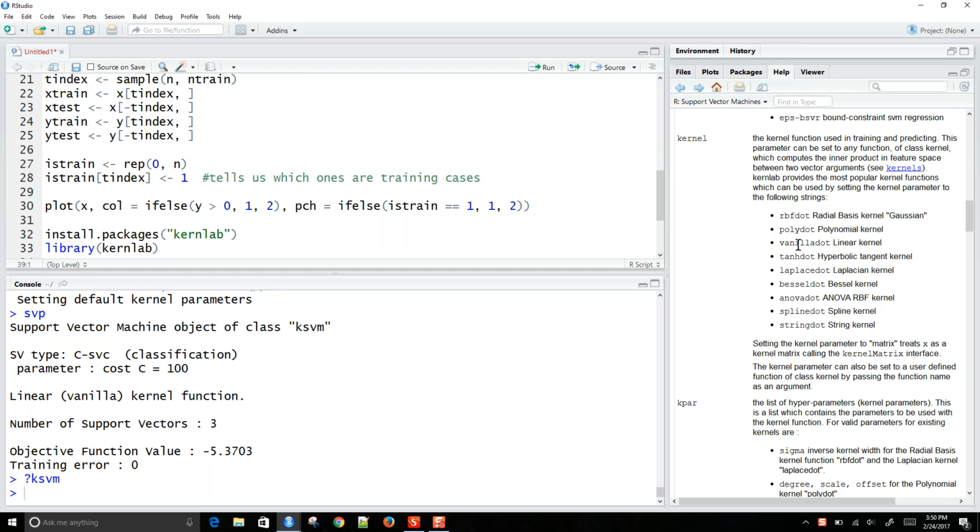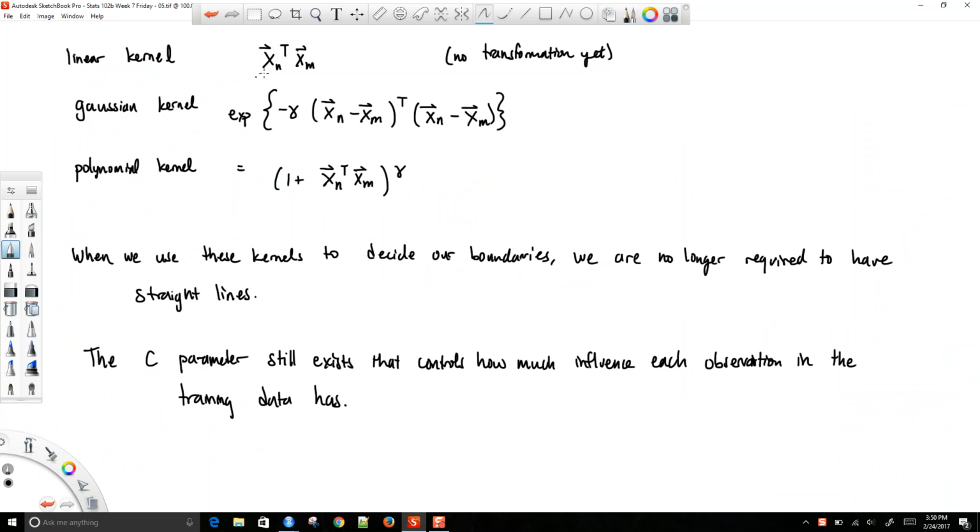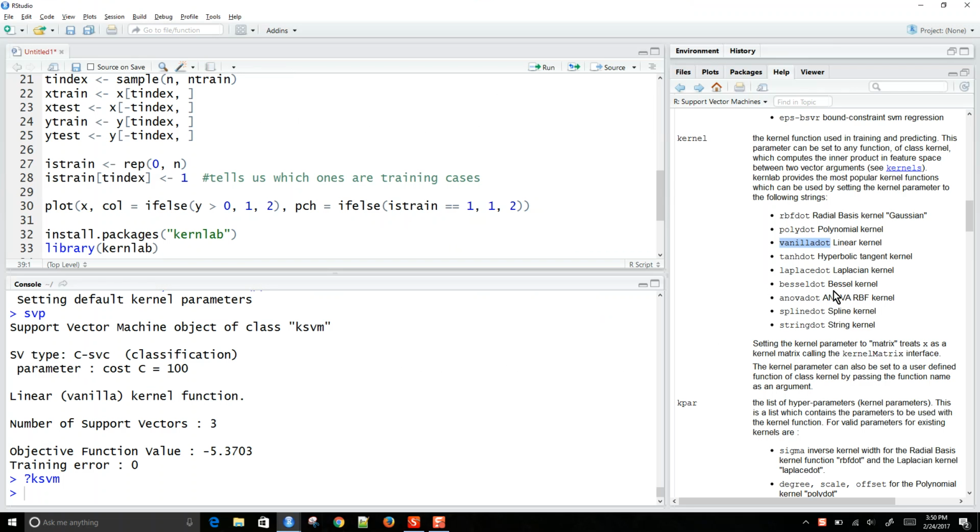The vanilladot kernel is the linear kernel, you're just doing the inner dot product, the quote vanilla dot product for our kernel there, okay? Whereas all of these other things are, you know, the polynomial dot product and things like that.